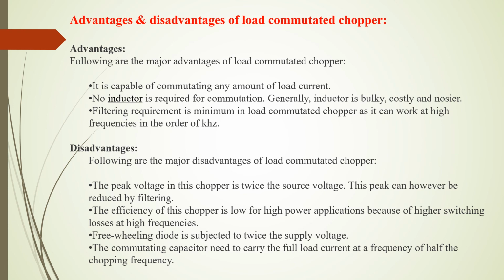The efficiency of this chopper is low for high power applications because of higher switching losses at high frequencies. The freewheeling diode is subjected to twice the supply voltage, because when thyristors T1 and T2 are on, the freewheeling diode is subjected to it, and also when T3 and T4 are on, it is again subjected to twice the supply voltage.